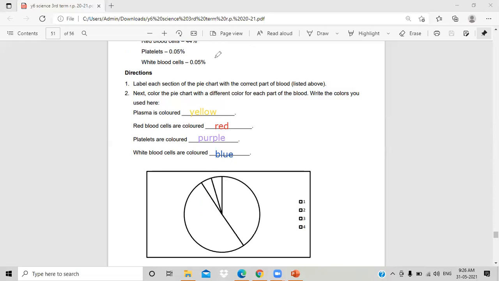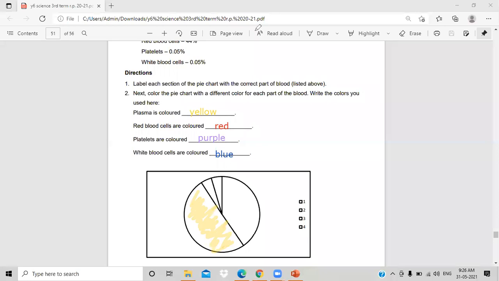So I'm going to color the plasma, this half, which represents about half of the pie chart, because the plasma is 55%. So this should be the yellow color. Of course, you can color it in a very decent way in your books. I'm just trying to do so on my laptop, so it's not helping.